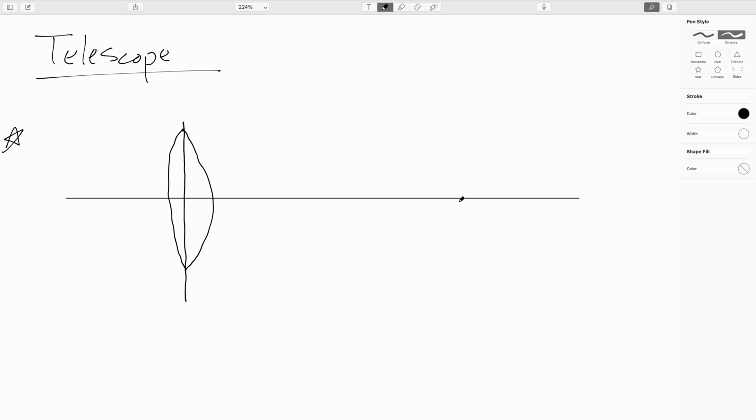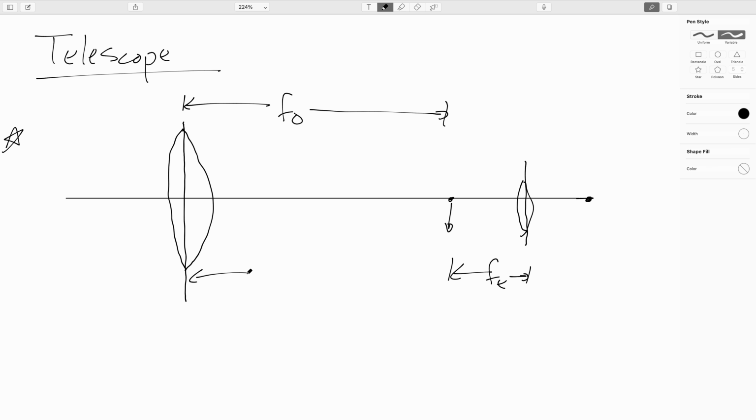And so when you form an image, you're going to form an image basically just about right at the focal length of the objective. And then you do the same game where you park the focal length of the eyepiece here. And again, the image is going to be just so barely inside the focal length of the eyepiece that you can get away with fudging it as being at the focal length of the eyepiece.